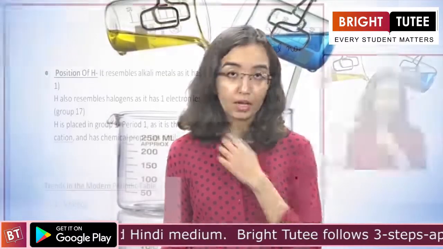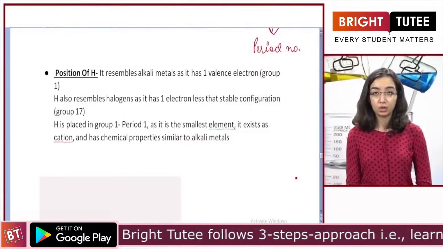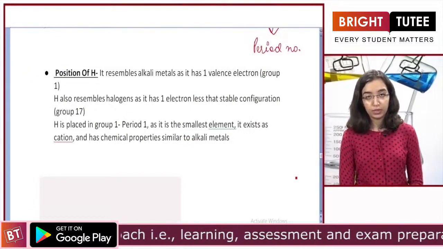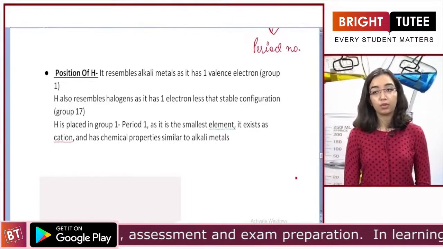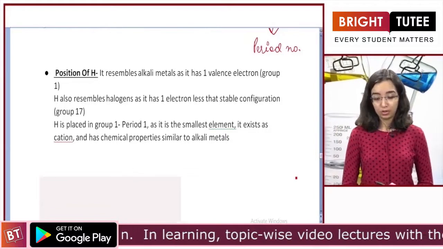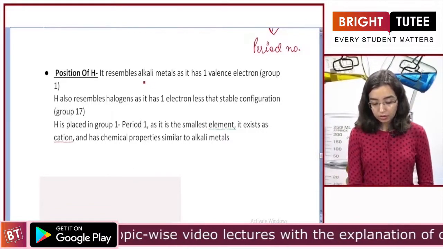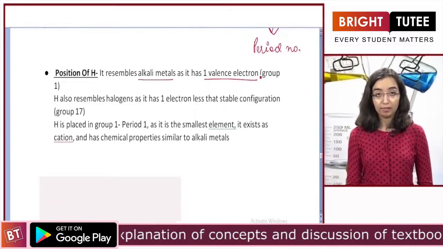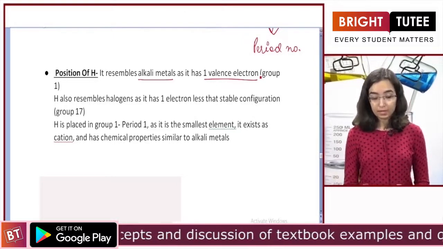Now the position of hydrogen. It was a point of discussion in the previous classification as well: where do you put hydrogen? Do you put it next to alkali metals because it shows similar properties, or do you put it with halogens because it also shows similar properties to them? It resembles alkali metals because it has one valence electron which it can give to achieve stability.